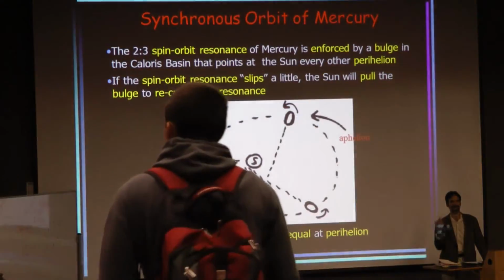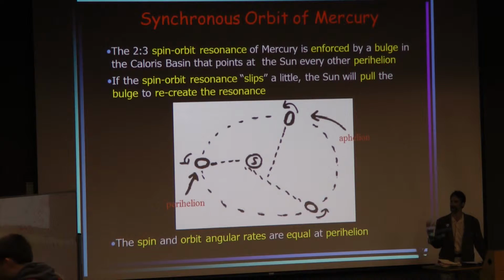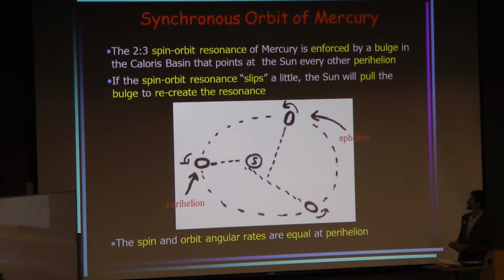Just like when we look at the moon, the moon keeps the same face toward the Earth. We understand that totally because it's an effect of the tidal force of the Earth acting on the moon. If the moon spun a little bit, then its spin energy would be converted into heat, and it would eventually stop spinning with respect to the Earth. We're seeing something more complex here, because it's not a 1-to-1, it's a 2 to 3. The idea is that there's a massive blob there, which points toward the sun at perihelion.